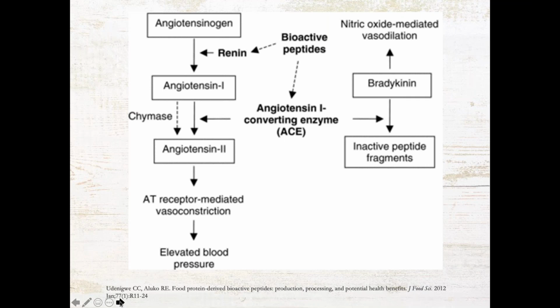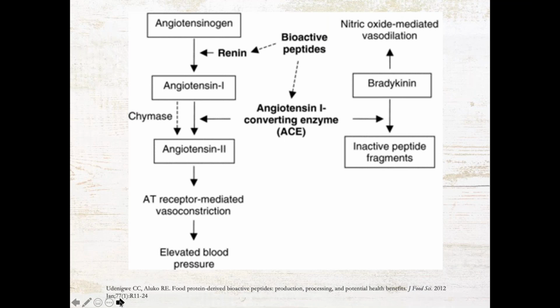And one of those that's been most well studied and understood now is the ability to inhibit the ACE pathway, that angiotensin converting enzyme, which we know is critical for blood pressure regulation. Most of the research now on hypertensive patients receiving peptides, especially hydrolyzed pea protein, has shown that it has a very unique ability to lower blood pressure through its inhibition of that angiotensin conversion.